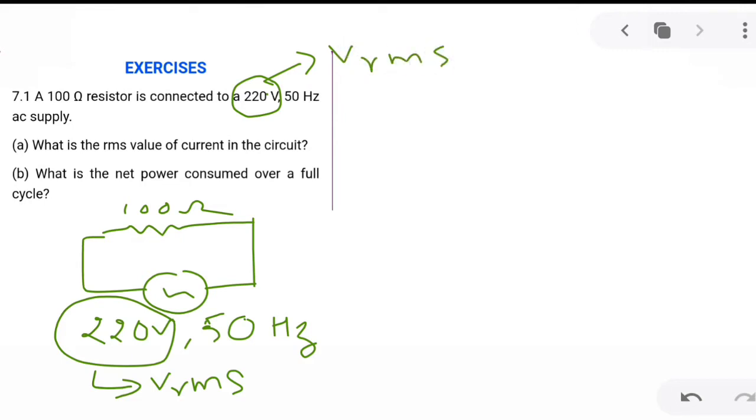Now resistance is given, it is 100 ohm, and you are asked to find the RMS value of current. So IRMS is equal to VRMS divided by resistance. This is by Ohm's law.